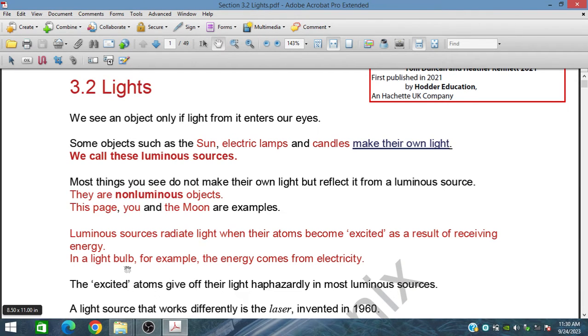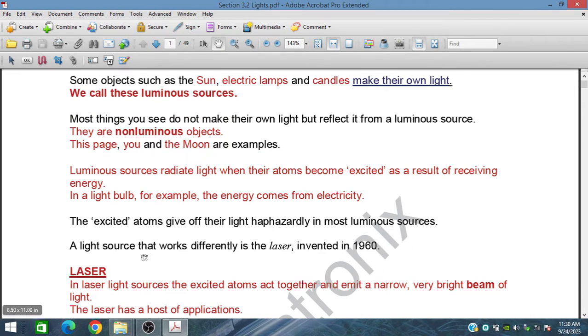Excited atoms give off their light haphazardly in most luminous sources.